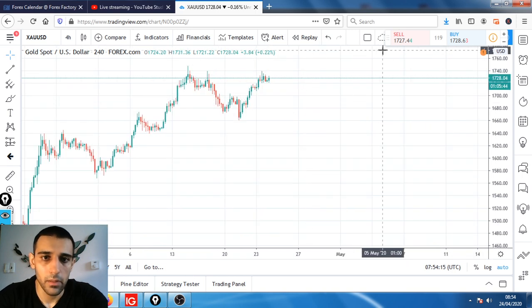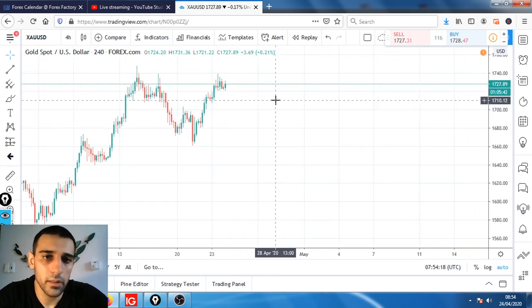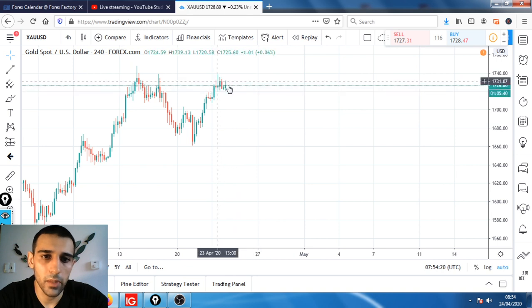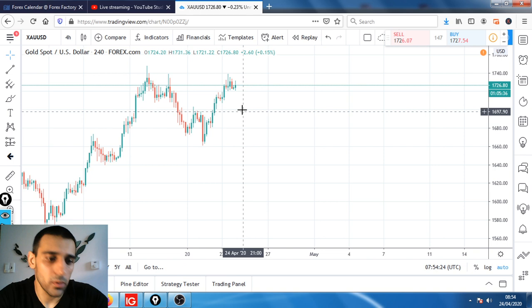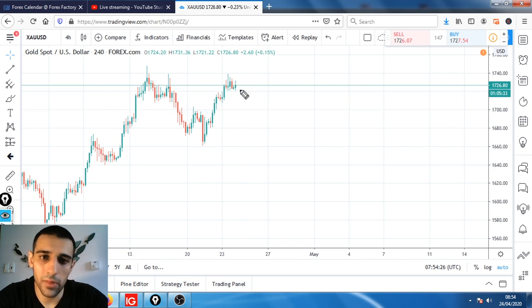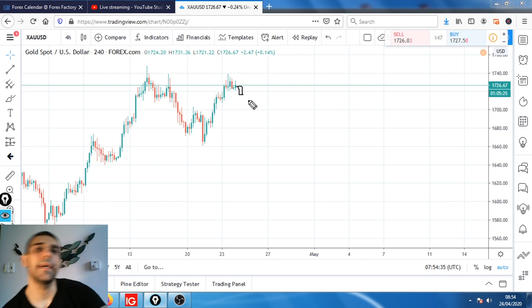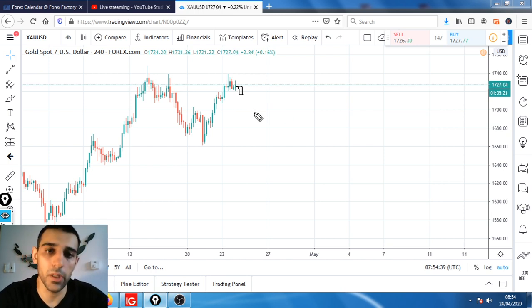So the 4-hourly confirms the same thing really. If you want to get onto the short side, I do want to see a bit more. I do not think it's going to do it today. If you get onto the short side, I do want to see a strong down bar, a nice bearish candle towards the downside, before I commit to the short.